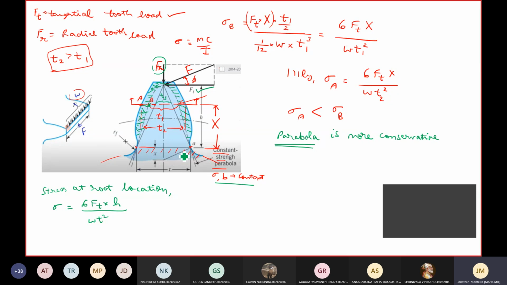Now you see that if I draw a pointed profile, and if you draw one more pointed profile over here, what happens to this x quantity here? A small x is given. This is something which is perpendicularly and trigonometrically derived.